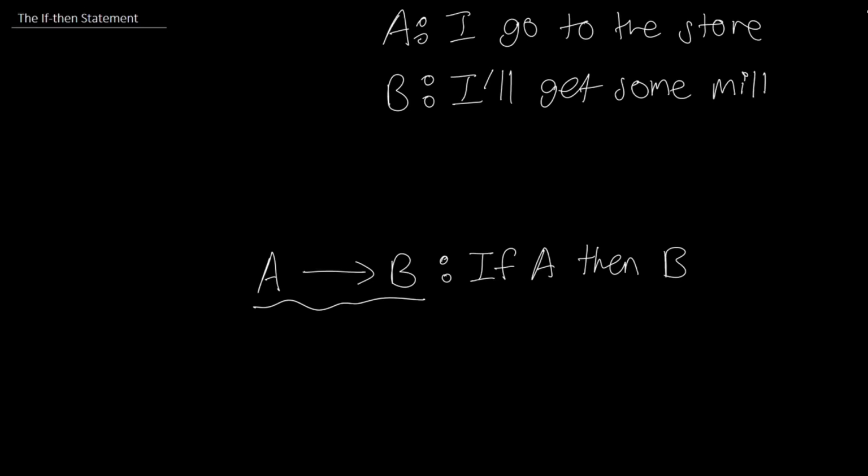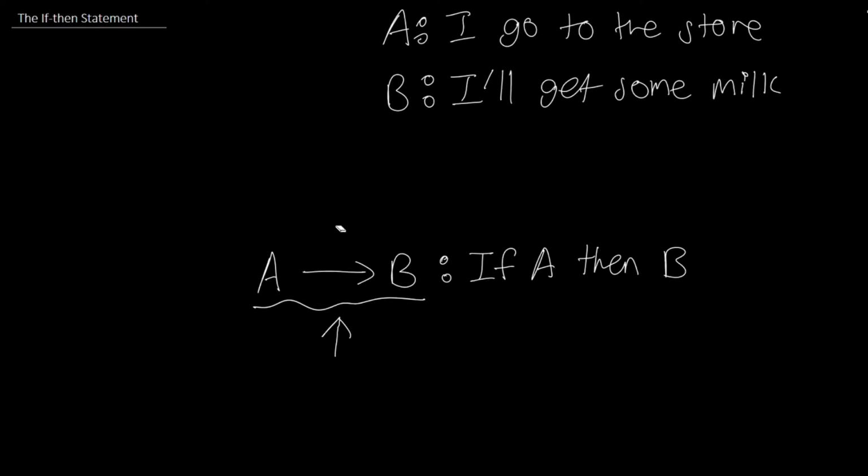So what would this statement mean overall if we have these meanings assigned? Well, taken together, this one would mean if I go to the store, then I'll get some milk. Alright, cool. So that's the third way of combining two different symbols together.